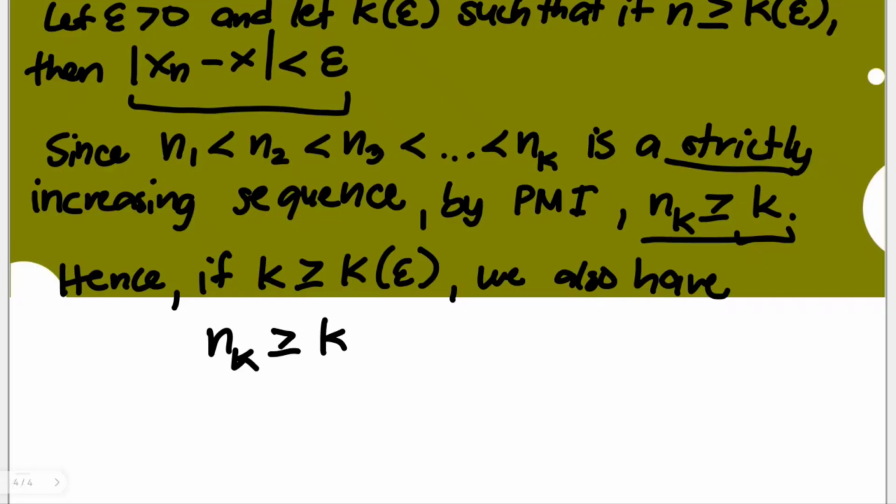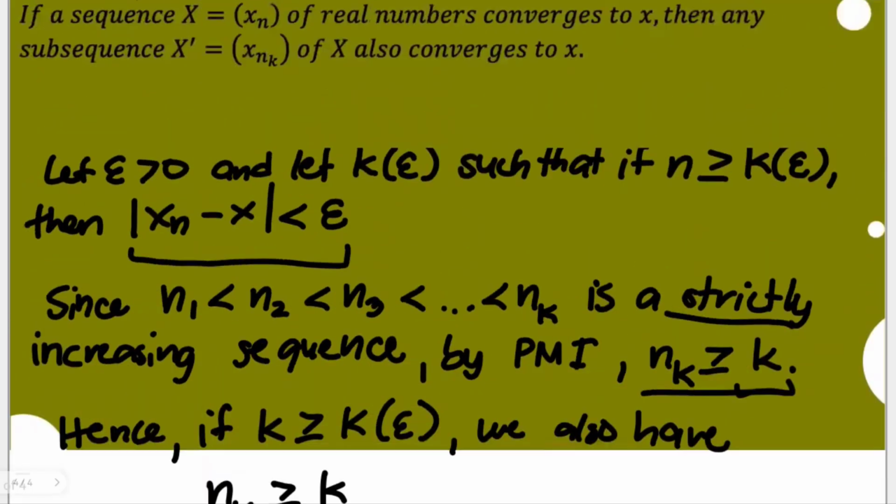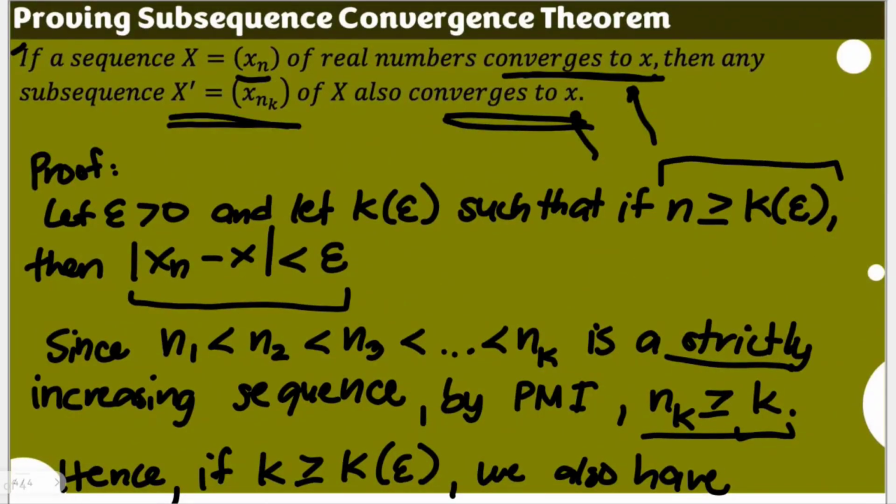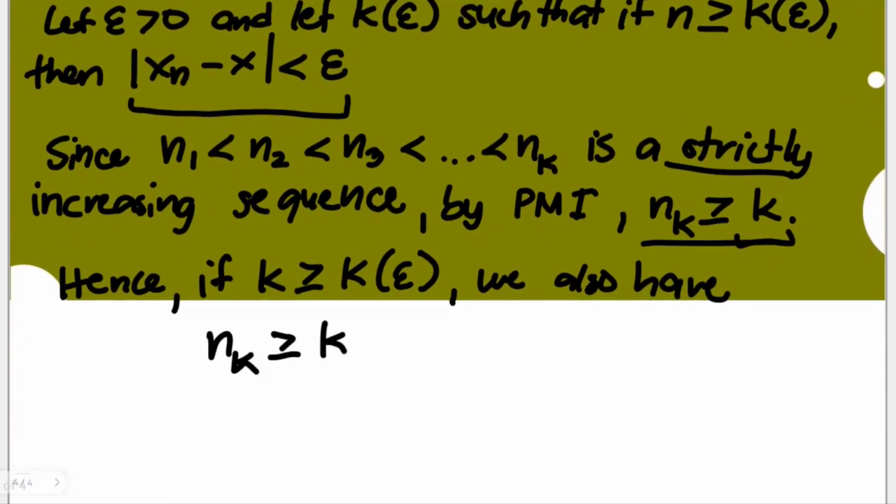We're doing that because that's part of showing the limit. When you say converges to a certain value, we're talking about the limit.